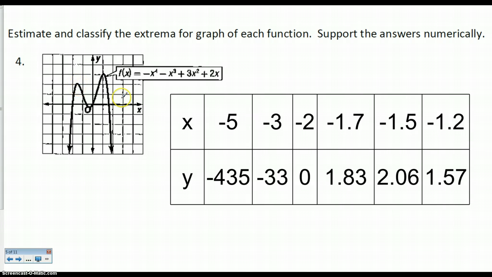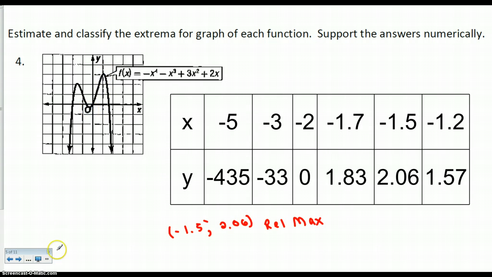It's a high point. And when I look at those y values, they look like they're getting bigger and bigger. Now, when I go right after negative 1.5 to like negative 1.2, that looks like it's a 1.57. It's smaller than this. So it looks like at negative 1.5, 2.06, I have at least a relative max. I cannot figure out if I have an absolute max until after I look at this point.